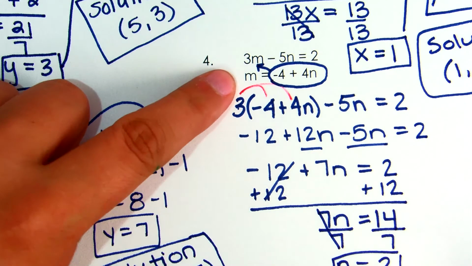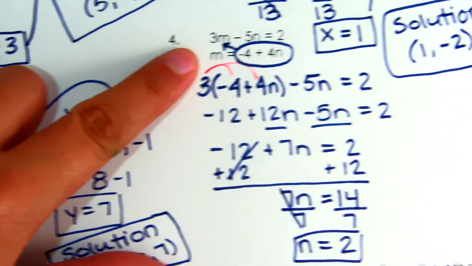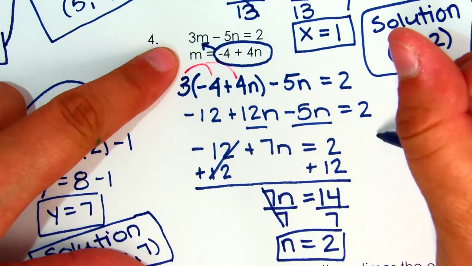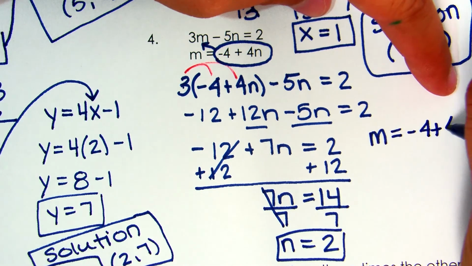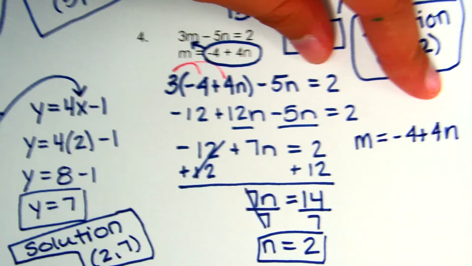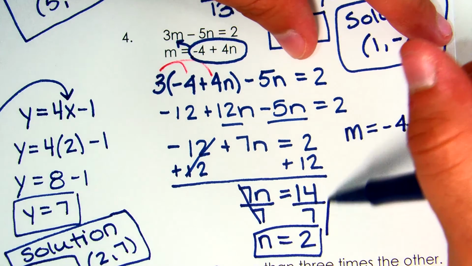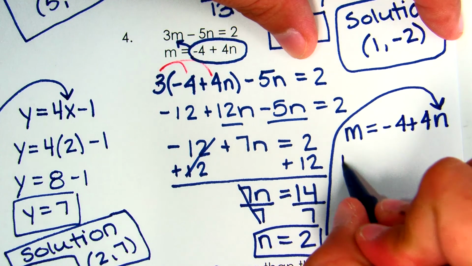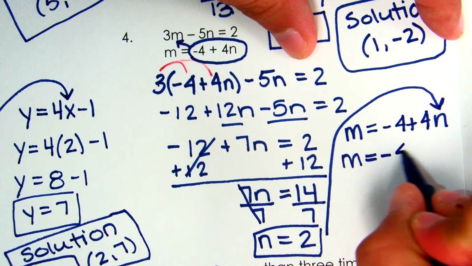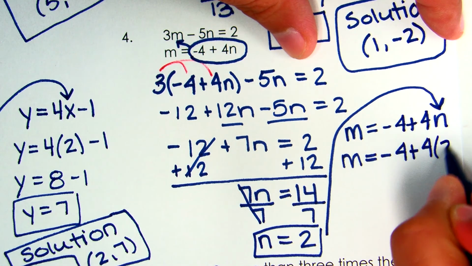I need to now find out what my other variable is, the m. So I have m equals -4 plus 4n. That's my original equation. And I'm going to plug my value for n into it to solve for m. m equals -4 plus 4 times 2.